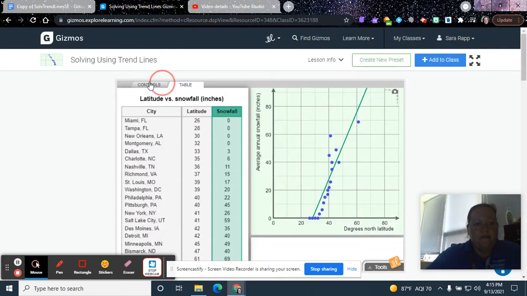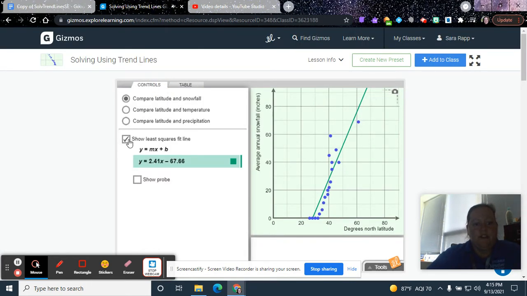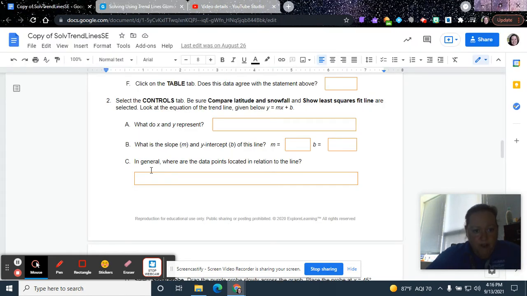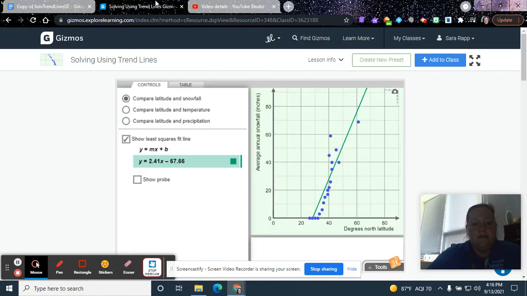Okay, so we're going back over to controls, making sure that the least squares fit line is selected, and now you'll see this line right here, and it says, what do X and Y represent? Think back to what we talked about before.